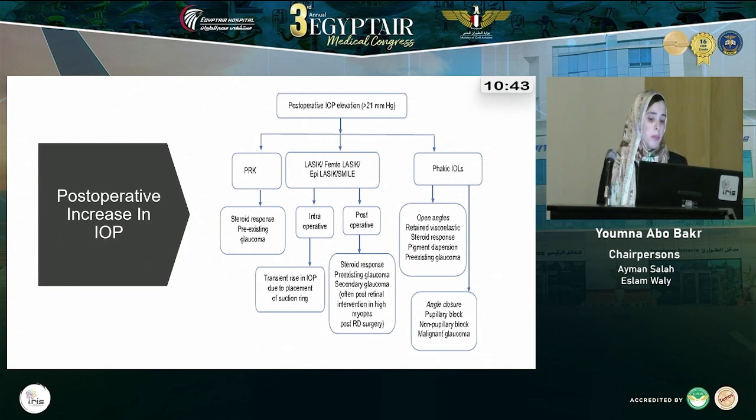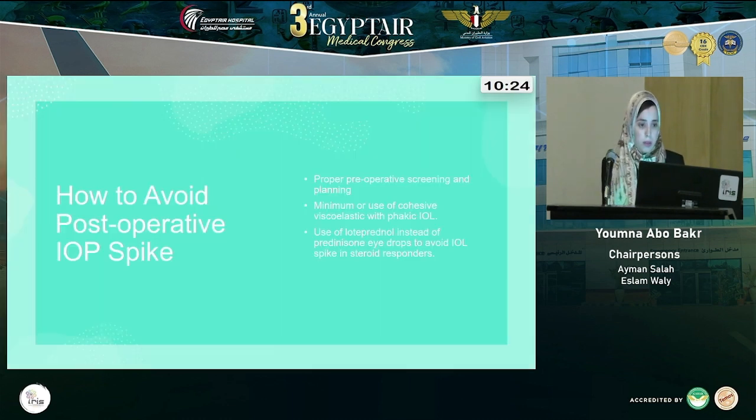Other causes are pigment dispersion syndrome and pre-existing glaucoma. Angle closure happens if it's improperly sized, if it's a large size, or if there's a pupillary block, but this is avoided in the new versions because you have a central hole, or if you have malignant glaucoma.